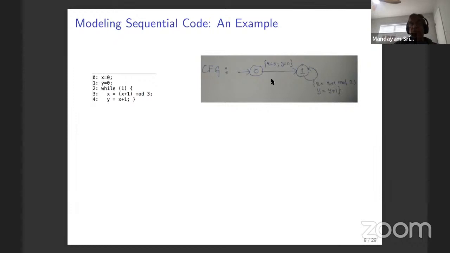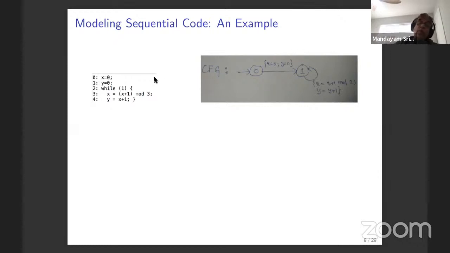Here the first transition from the initial state corresponds to executing the instructions, the statements at 0 and 1, and then I have completely abstracted this transition here to correspond to execution of the body of the loop as a single thing.